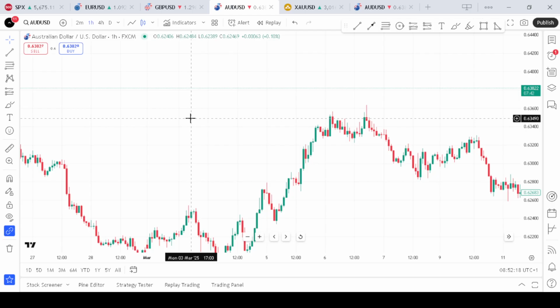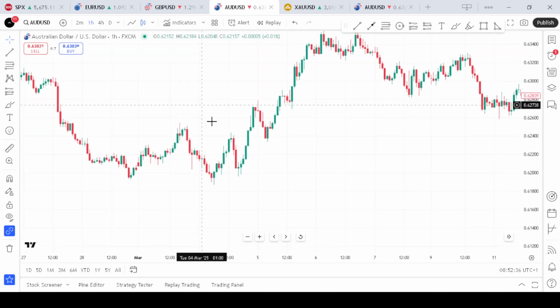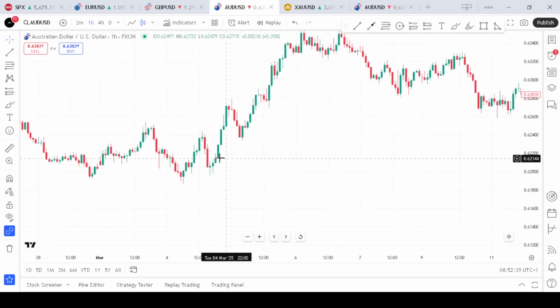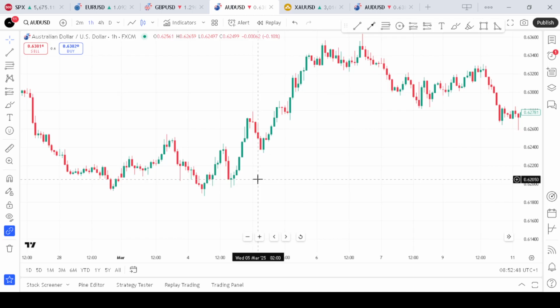So let's talk about what the bullish engulfing pattern is about. The bullish engulfing pattern is a two-candlestick reversal that typically forms after a downtrend. It consists of small bearish candles, followed by a large bullish candle.